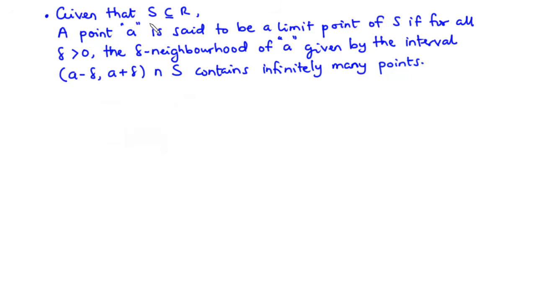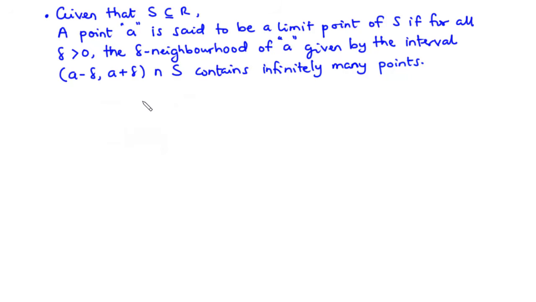So given that S is a subset of R, a point A is said to be a limit point of S if for all delta greater than 0, the delta neighborhood of A, which is given by the interval A minus delta, A plus delta, intersection S, contains infinitely many points.